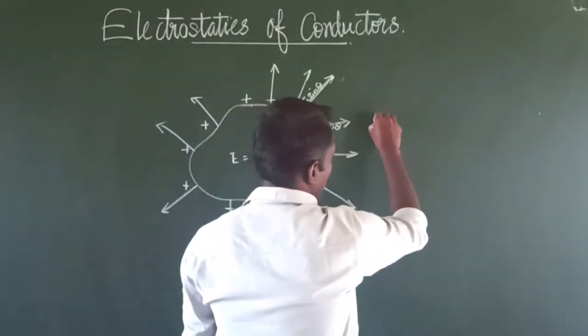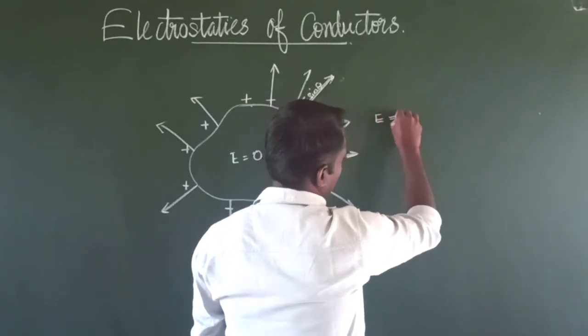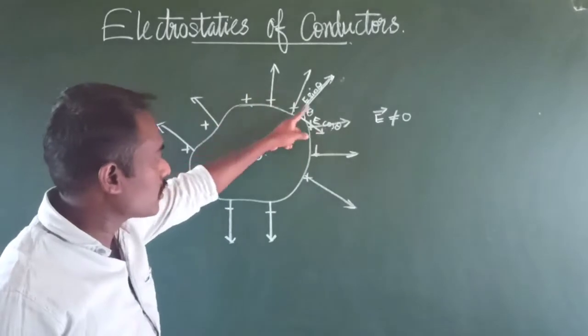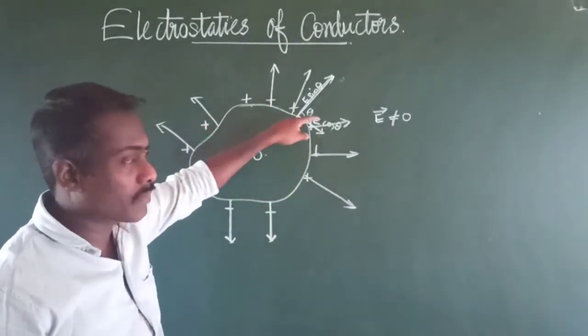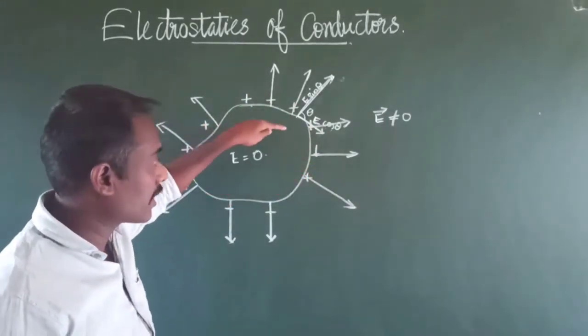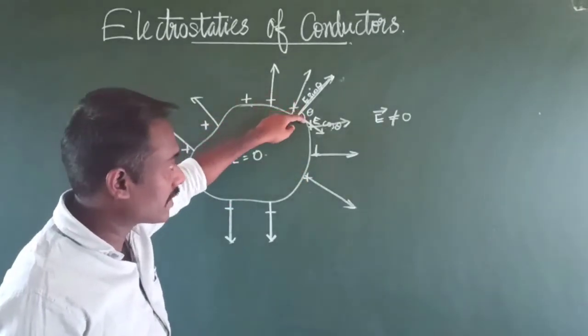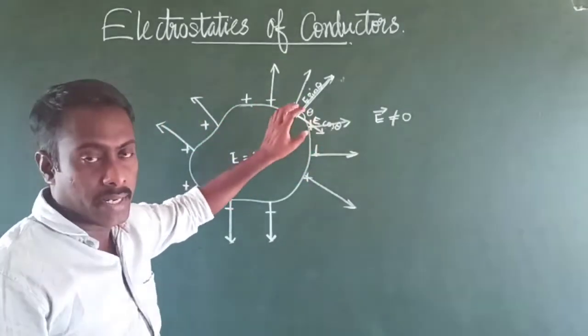The electric field itself cannot be zero there, because the conductor is electrically charged, and if charges are present there will definitely be an electric field.